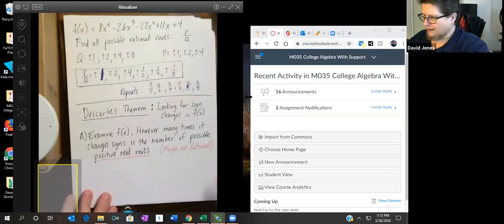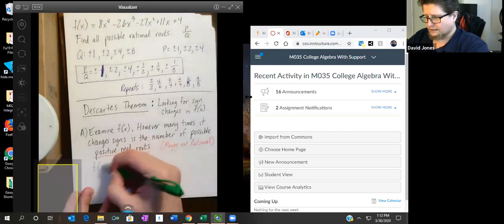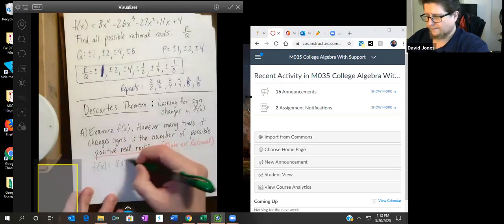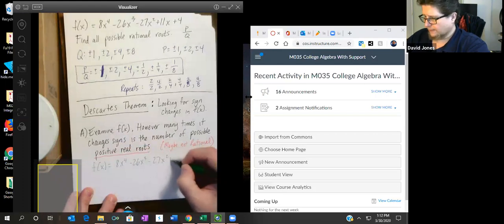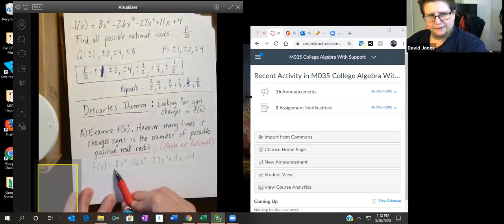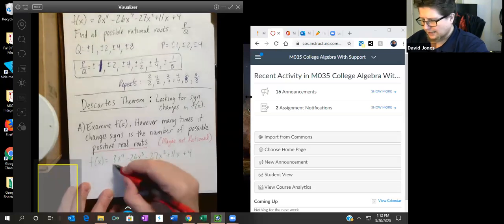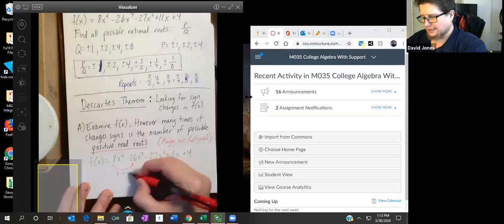So let's look at the f of x we just used. Eight is positive, and I go to 26. There's a sign change, plus to minus.